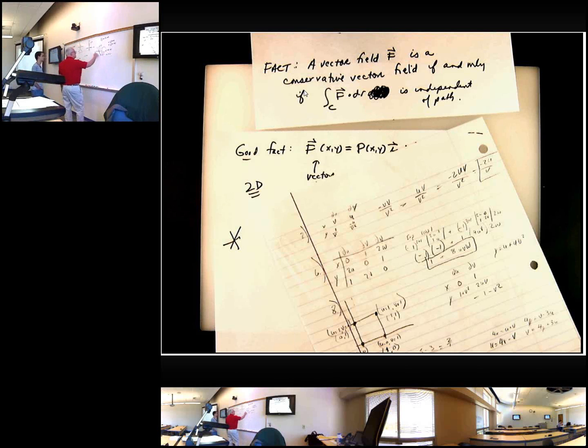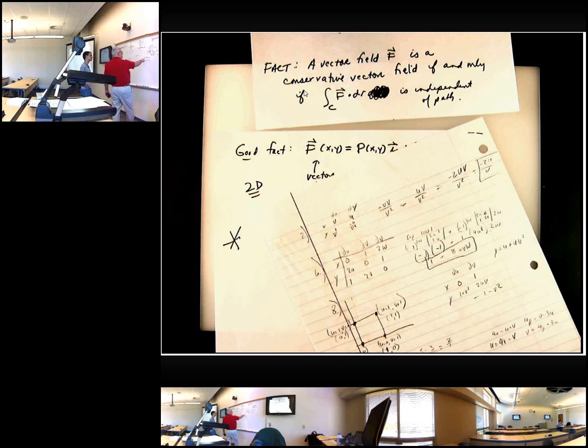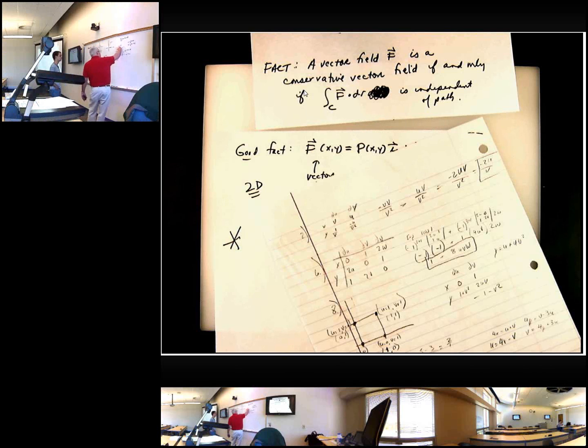And then this one has the same slope, y equals minus 3x plus b. Here we have 3 equals positive 3 plus b. No, that can't be right. Wait a minute, y is equal to 3. Oh, this thing must go through the origin.